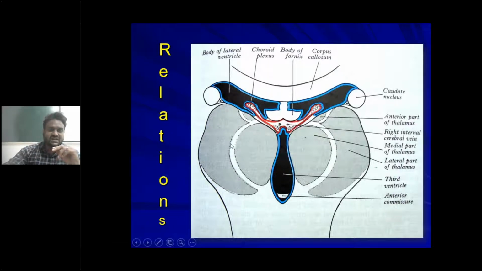The lateral surface is related to the internal capsule. So you can say simply, the four surfaces' relations: superior surface, lateral ventricle and choroid plexus; medial surface, third ventricle; inferior surface, midbrain and hypothalamus; and lateral surface, internal capsule. These are the relations of the thalamus.